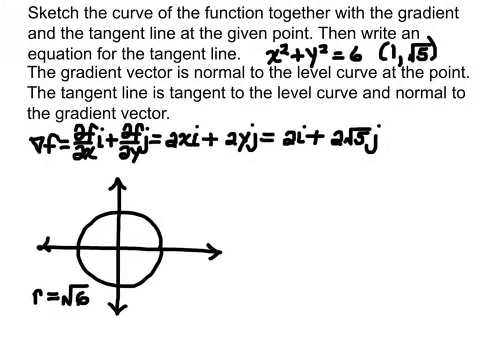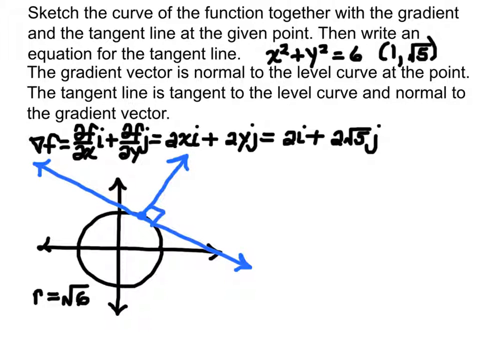And here's our point when x is 1, y is radical 5. And the tangent vector is tangent to the circle and goes through the point 1 radical 5. And the normal vector is perpendicular to the tangent vector at the point 1 radical 5.